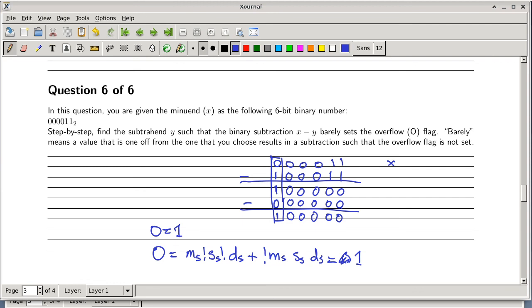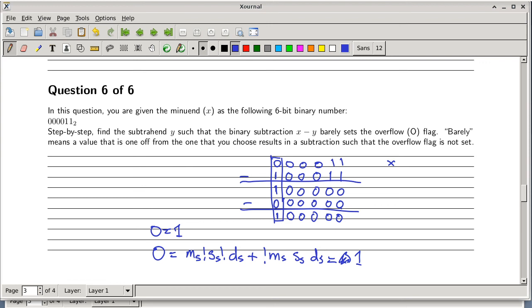What you said would end up with a borrow, but not overflow. So it is important to differentiate between the flags that we have talked about. One is a borrow flag, which is the overall borrow from a subtraction. One is the sign flag, which is really the most significant bit of the difference.